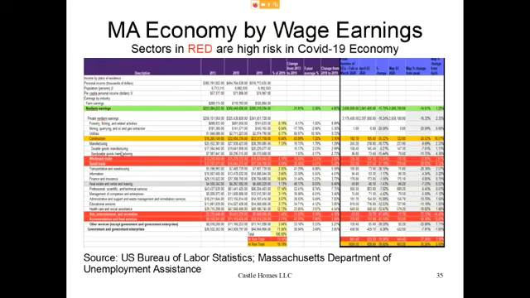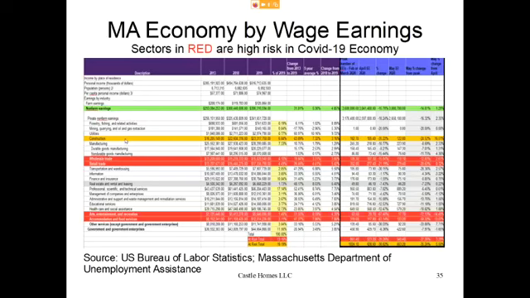So we want to look at, in red, what the economists labeled as the sectors of the economy that are, quote, at risk due to COVID. So they identified trade, both wholesale and retail. They identified arts, entertainment, recreation, and accommodation and food services. This is as far as what's being shut down.